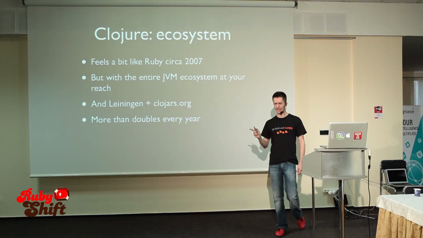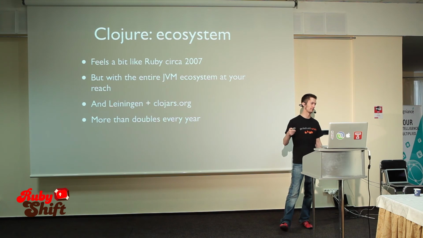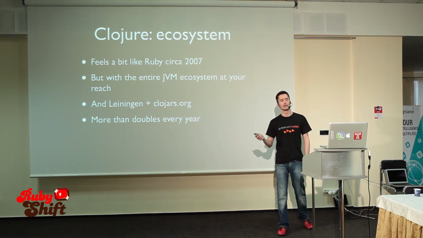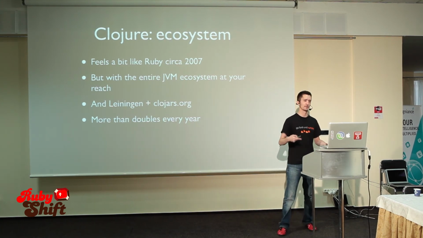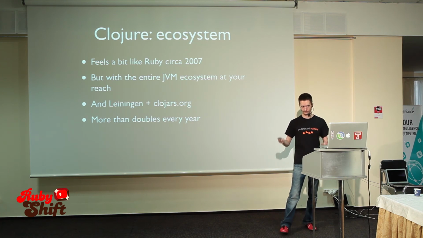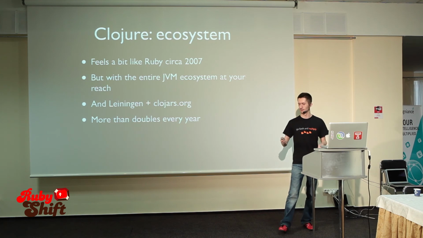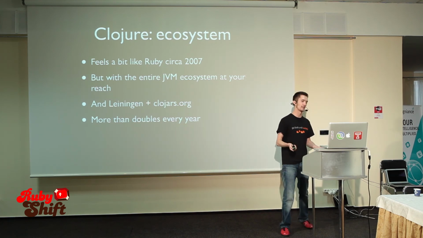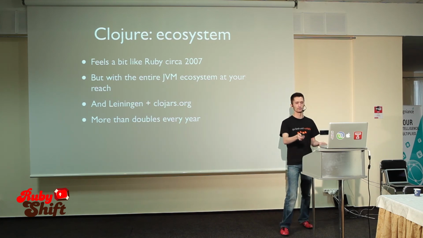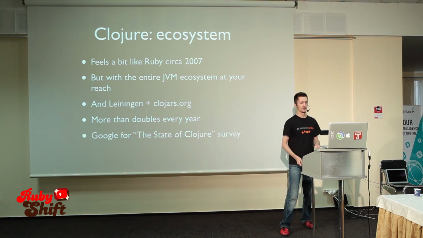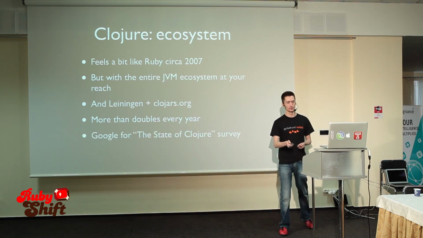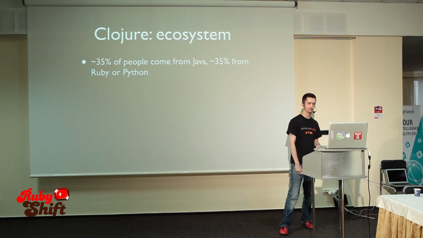But there is something called the State of Clojure survey. It has been running for 2 years by now, I think. It helps the authors of Clojure and the rest of the ecosystem get an idea of what's going on out there. So if you just Google for the State of Clojure, you will find it.